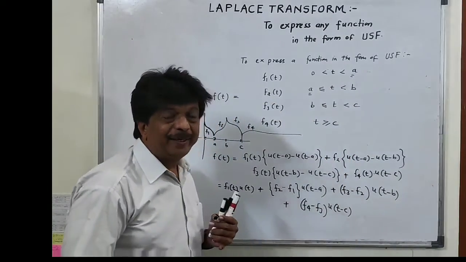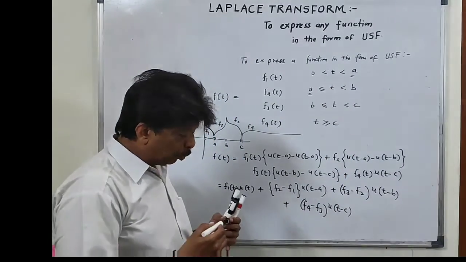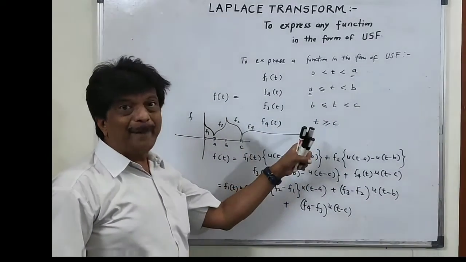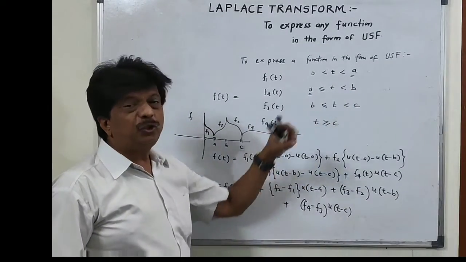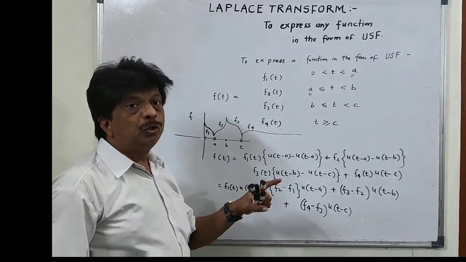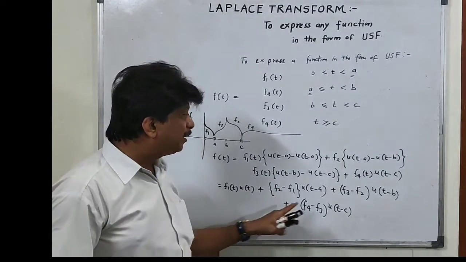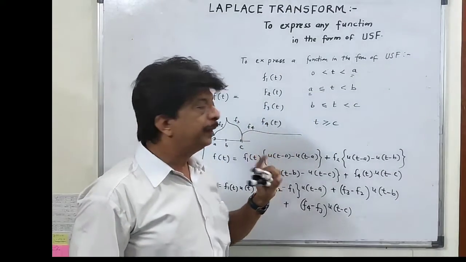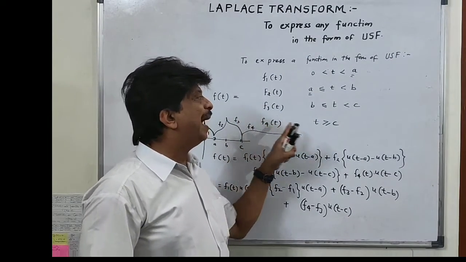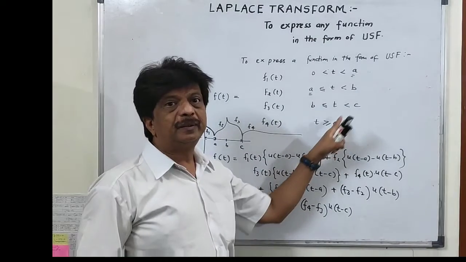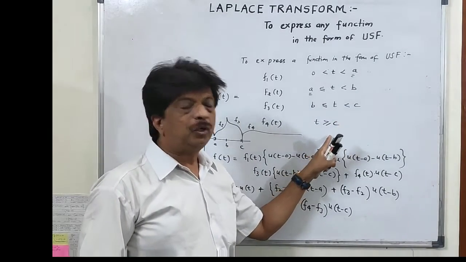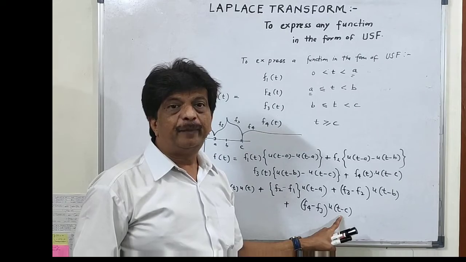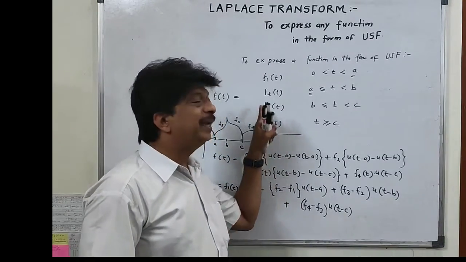So its multiple is u of t minus a. So f2 minus f1 into u of t minus a. Now in the second and third bands, b is common. So in the third term, u of t minus b would be common. So f3 minus f2 into u of t minus b. In the third and fourth bands, c is common. The interval point c is common. So u of t minus c would be the multiple, and we shall write f4 minus f3.